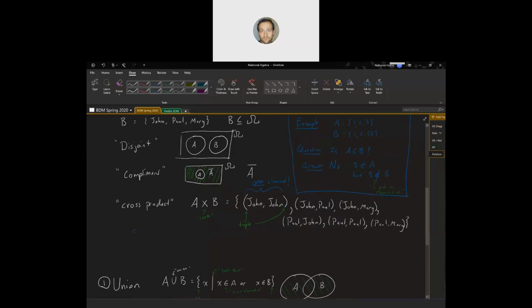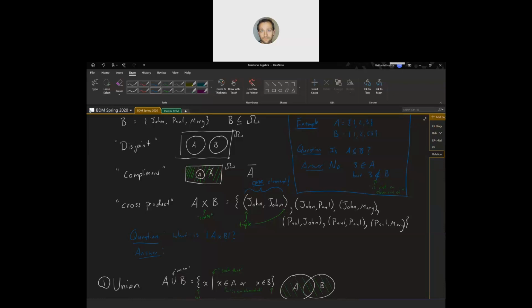Question. What is the size of A cross B? You can either unmute. 6. Yes, correct.